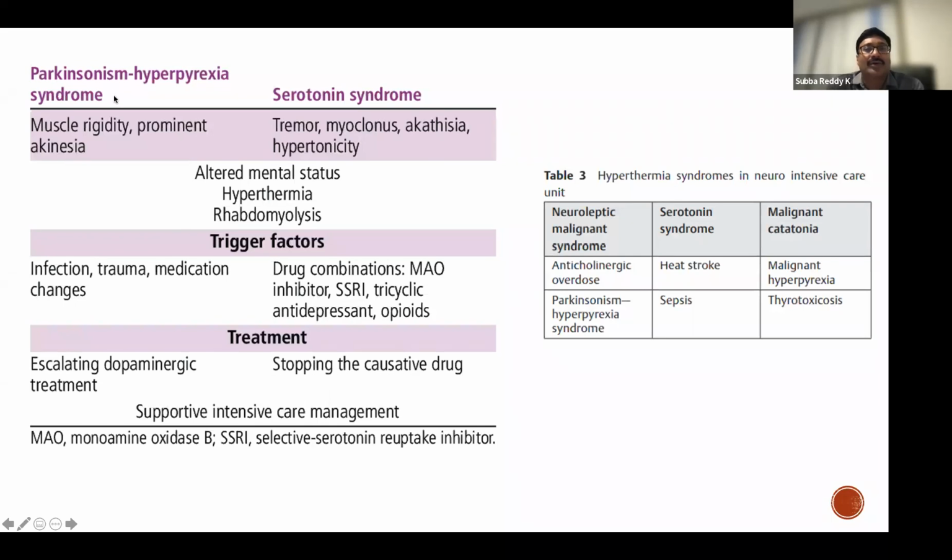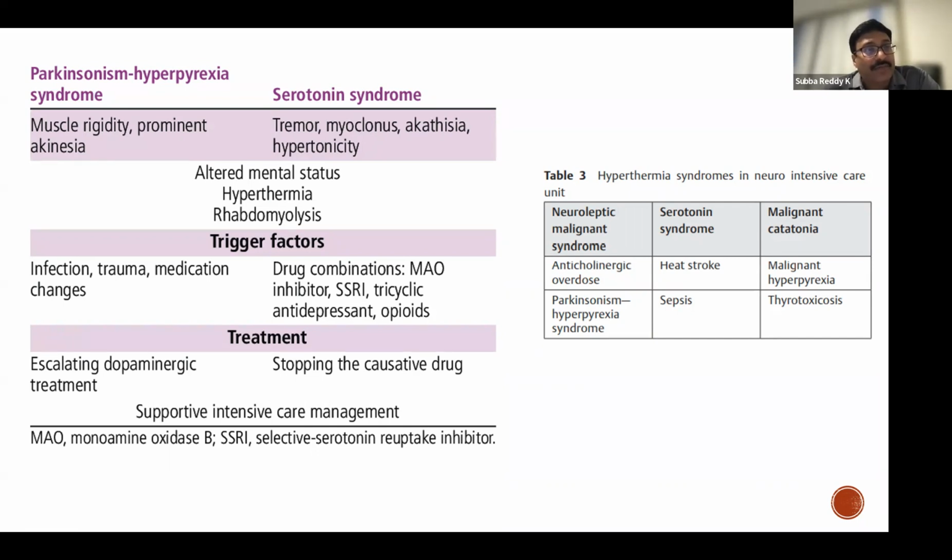So coming to, again, hyperthermia syndromes in the neuro-intensive care unit. Parkinsonism hyperpyrexia syndrome presents with muscle rigidity, prominent akinesis, and serotonin syndrome patients will have tremor, myoclonus, hypertonicity, and all these patients can have altered mental status, hyperthermia, rhabdomyolysis.